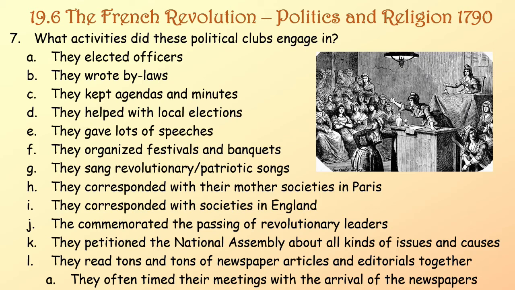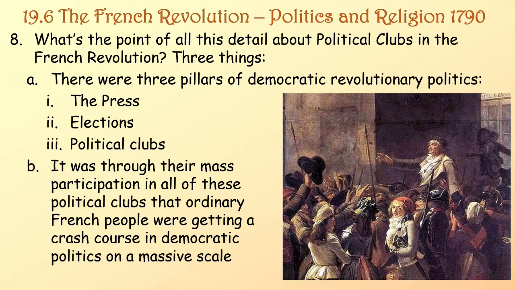England was much further along with their political clubs. They commemorated the passing of revolutionary leaders. They petitioned the National Assembly about all kinds of issues and causes. And they read tons and tons of newspaper articles and editorials together. In fact, they often timed their meetings with the arrival of the newspapers.